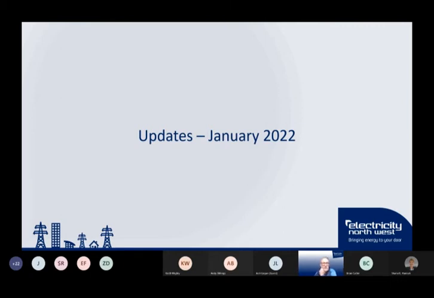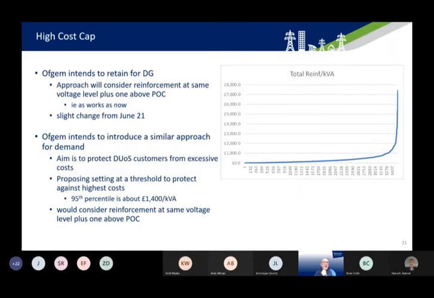And then if I just quickly go through some of the updates and the changes, because these are the most important bit. Probably the most significant change in terms of the things they're proposing relates to the high cost cap. So for DG they intend to keep that. The idea is that they will actually keep it as is now.